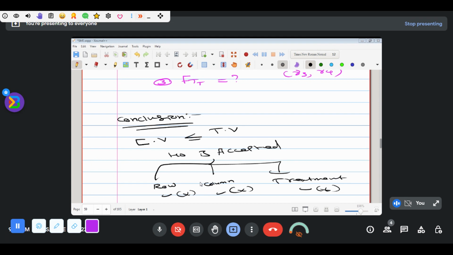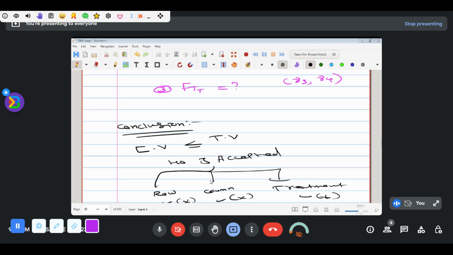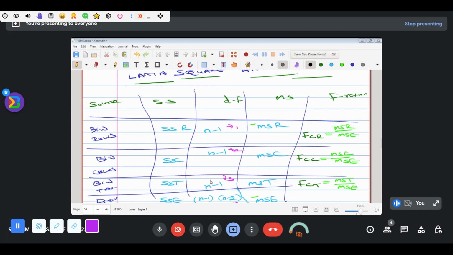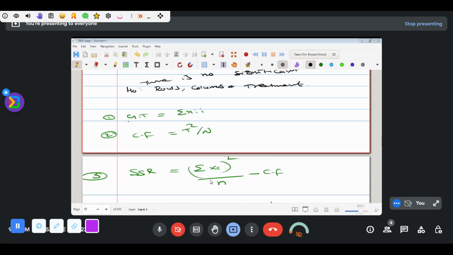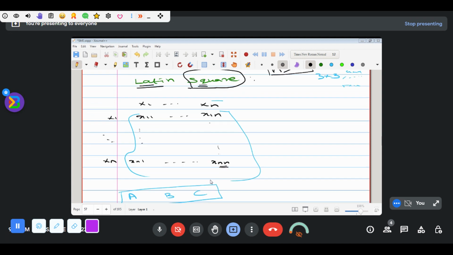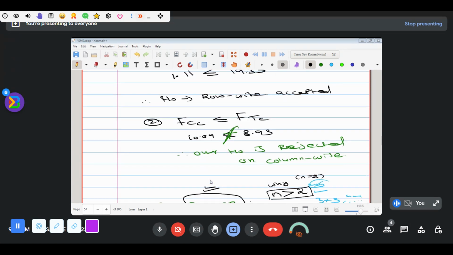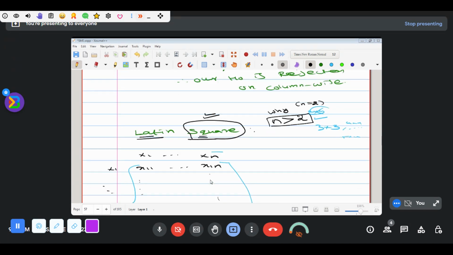Any doubt regarding this algorithm, the Latin square? No, sir. Okay. I told you, after completing the ANOVA table, why not take a 2 by 2 matrix? I told you at the start of the Latin square. Why not take a 2 by 2 in the Latin square? Any clue?